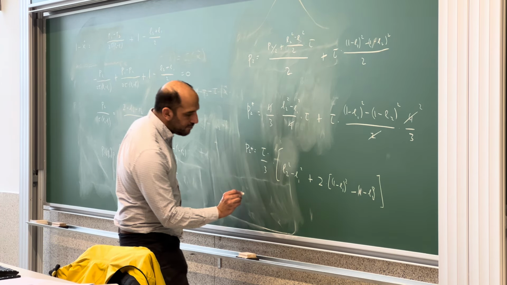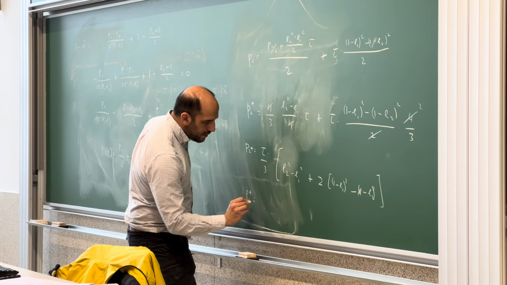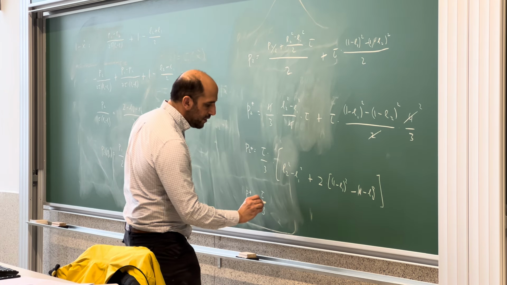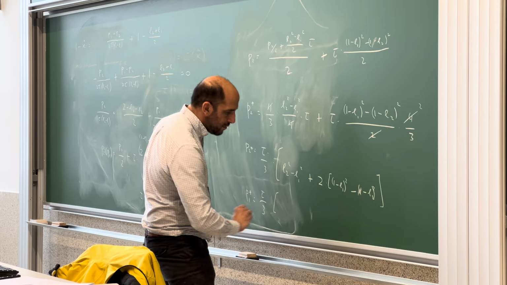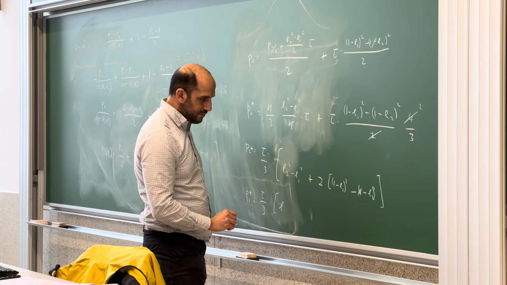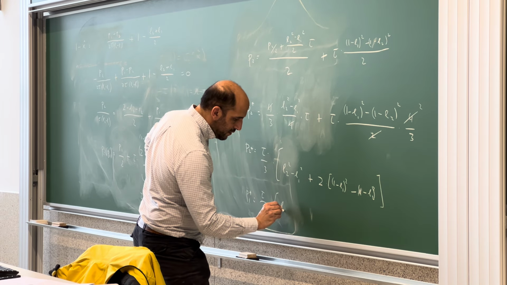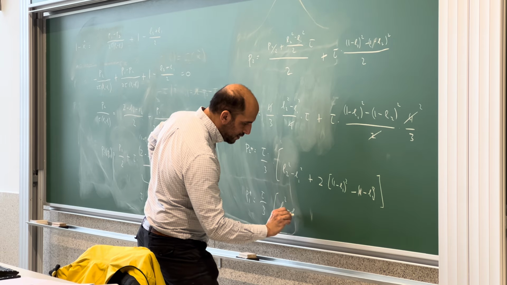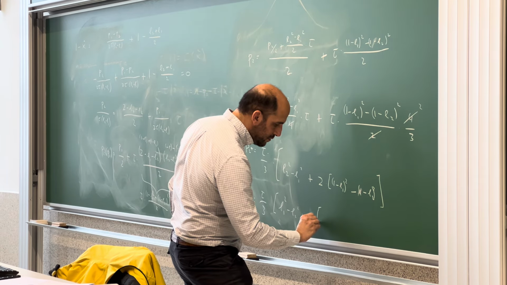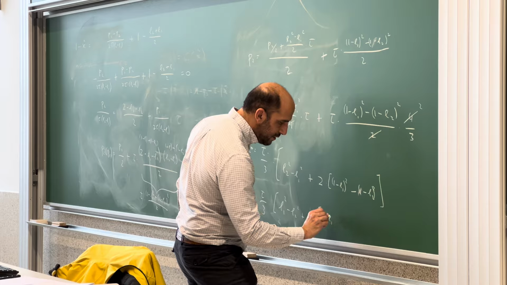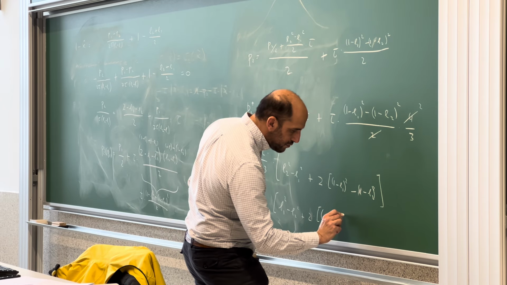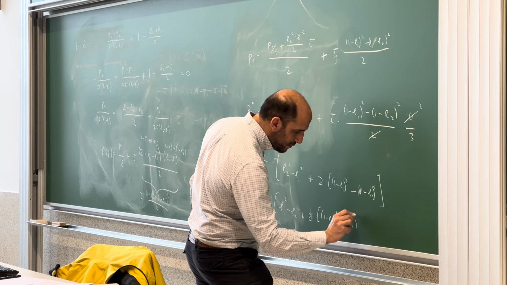The price of 1 is going to be analogous, not symmetric. So we have tau over 3 times L1 squared minus L2 squared plus 2 times 1 minus L1 squared minus 1 minus L2 squared.